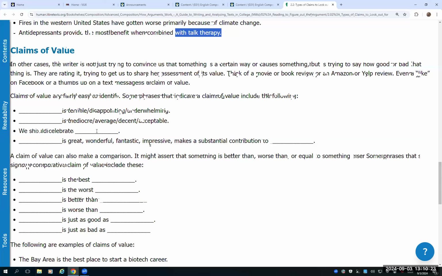All right, let's look at number 3. Last type of claim. This is type of claim number 3, a claim of value.